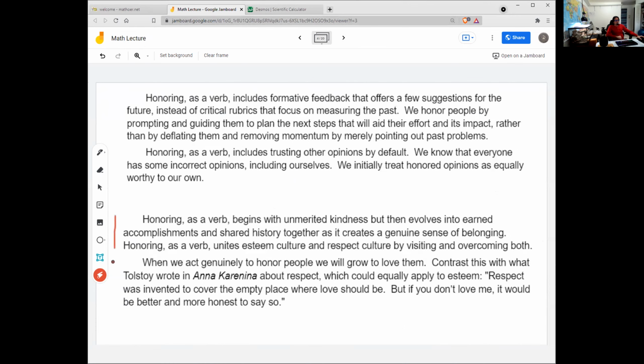When you are honoring people this way, it begins by treating them with kindness they haven't earned, but you eventually see what accomplishments and shared history they do actually create. So it starts with the esteem culture, but then it moves into the respect culture automatically.